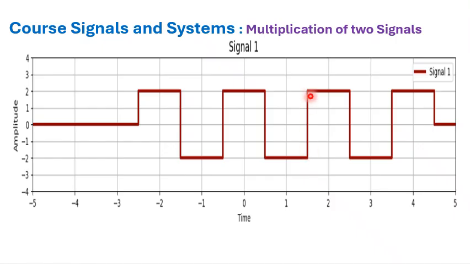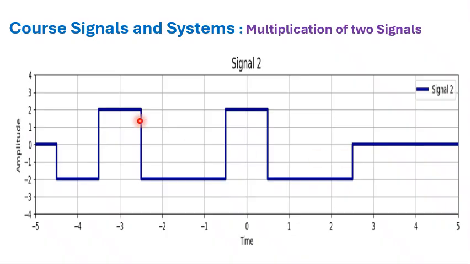It has the value of 2 from 1.5 up to 2.5, and at 2.5 its value becomes -2, and it stays -2 up to 3.5, and then from 3.5 up to 4.5 the signal has a value of 2, and then it goes to 0. So this is about the first signal, and similar arguments apply to the second signal.